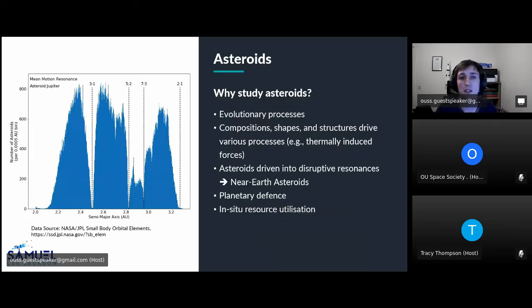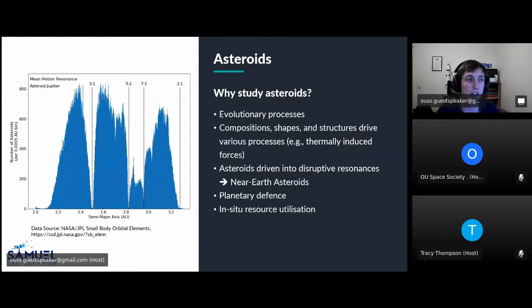So the near-Earth asteroids don't last very long. They last far less time than their counterparts in the main belt, because they're more likely to impact with the inner planets or to be flung into the sun, for example. So you think, oh, well, eventually we'll run out of near-Earth asteroids because there are no more asteroids sitting in these resonance zones.